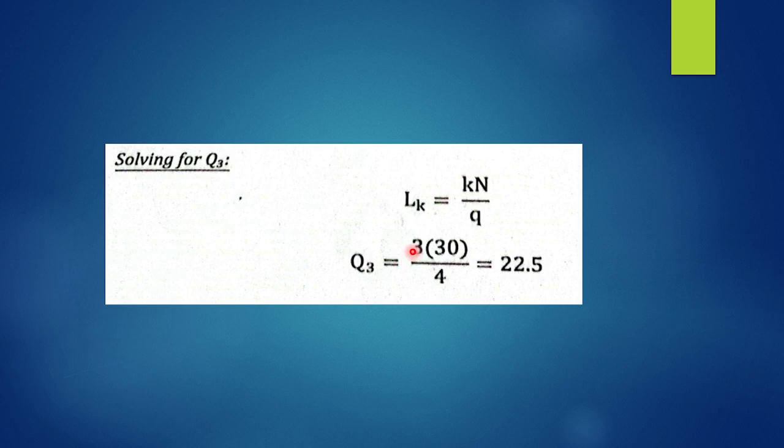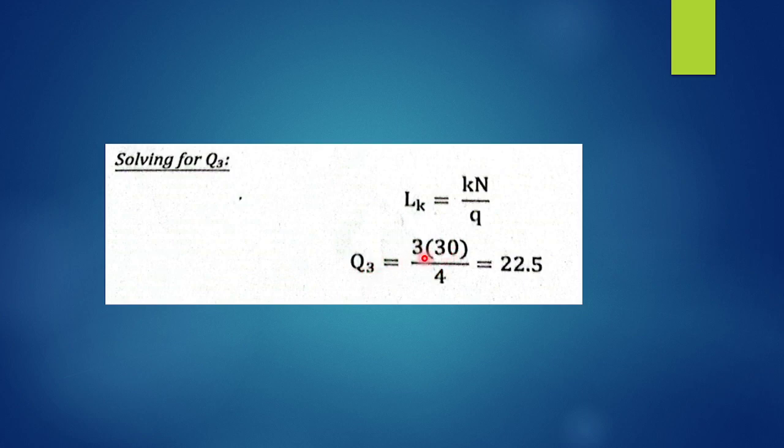K is 3, of course, because this is Q3. Dayon, N is 30 and Q is 4. So nga nara, sayon na to kayo. This is same formula with Q1. So LK here is Q1 katong ganiha. So 1 man ang K, so mo nang 1 to ganiha dire. But here, we're dealing with Q3, that's why it is 3, and this is 3.